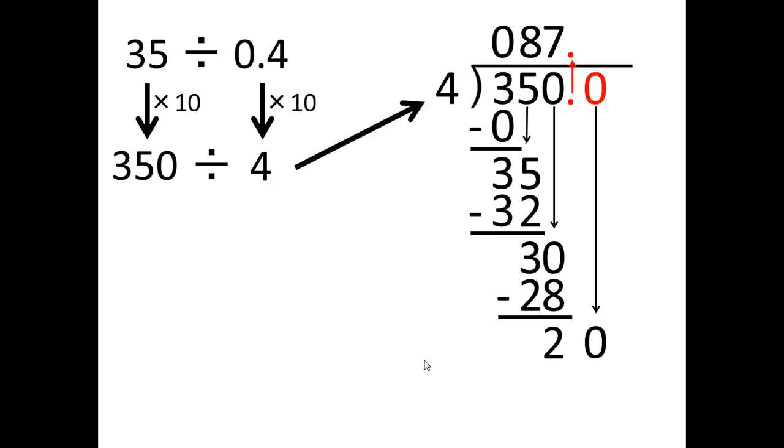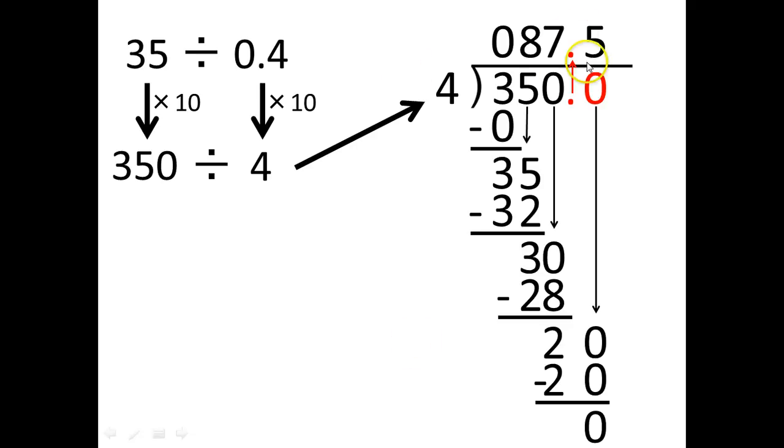And 20 can be divided by 4 completely, by 5, right? And 5 times 4 is 20. So when we subtract 20 from 20, we're left with 0. So we have completed the long division process.